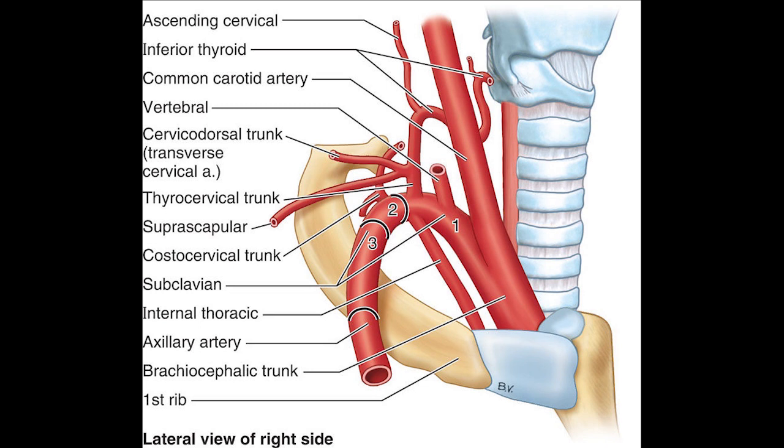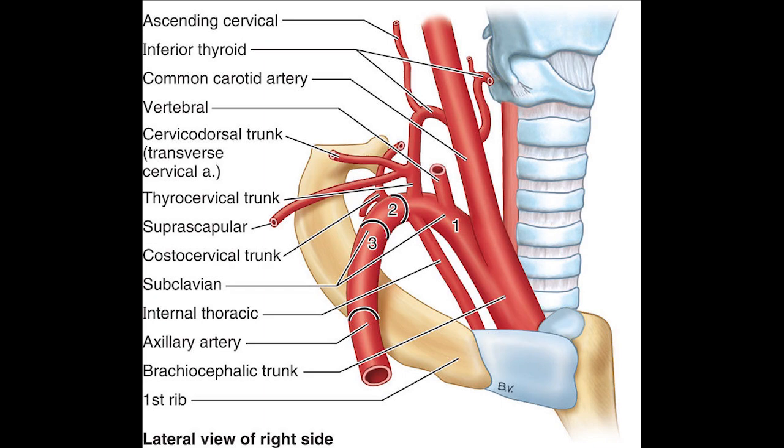According to this, we can remember the branches of the subclavian artery like vitamin CD, VIT-CD. V for vertebral artery, I for internal thoracic artery, T for thyrocervical trunk, C for costocervical trunk, D for dorsal scapular artery.